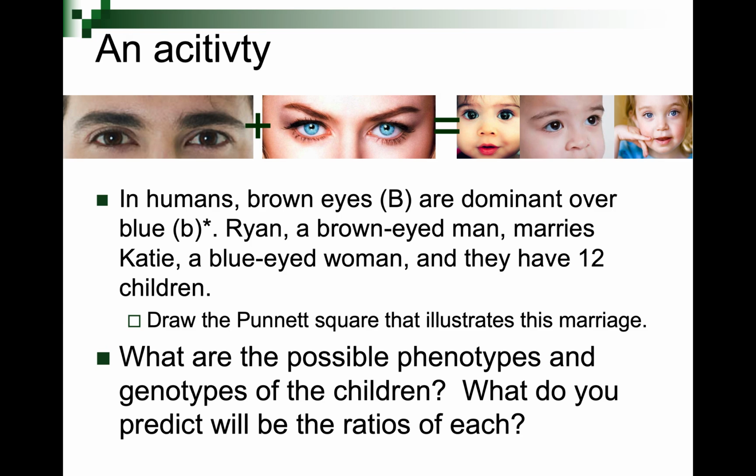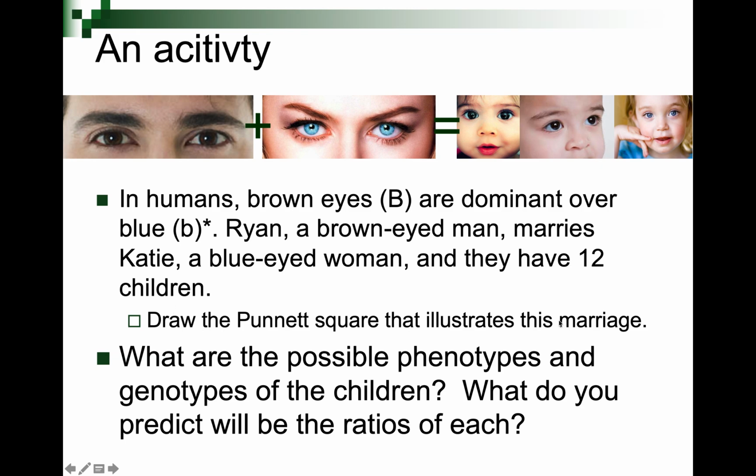So here's an activity that'll help drive this home. In humans, and after we're done reading this, I really want you to take a second, hit the pause button, and work this through. Make sure you understand it, okay? So in humans, brown eyes, big B, are dominant over lowercase b, right? Ryan, a brown-eyed man, marries Katie, a blue-eyed woman, and they have 12 children.